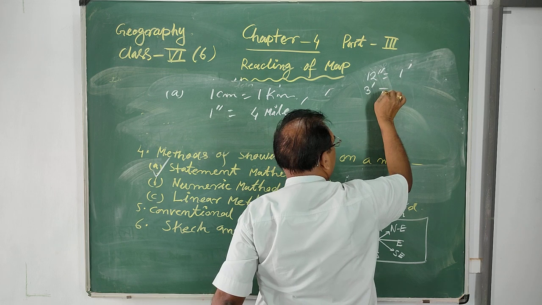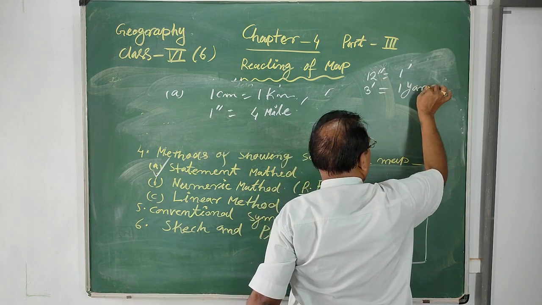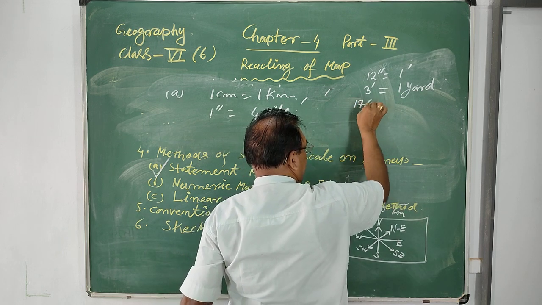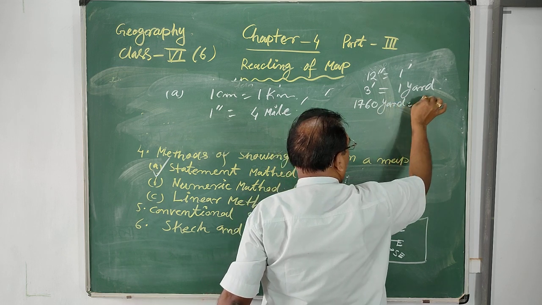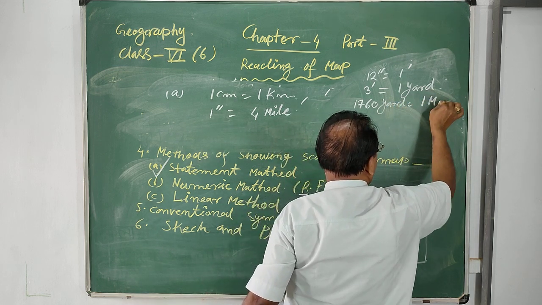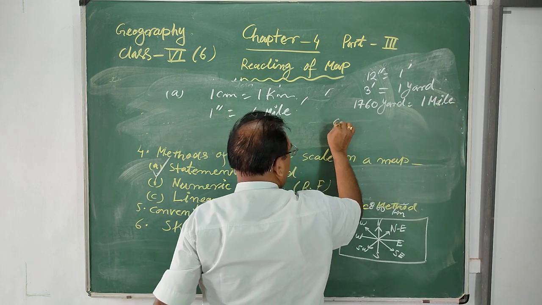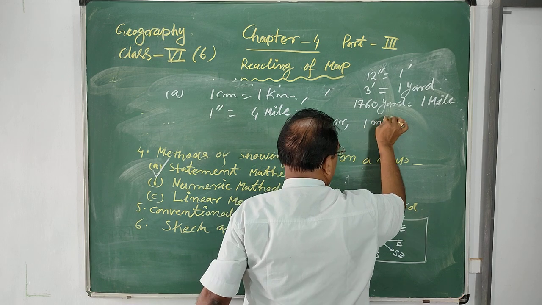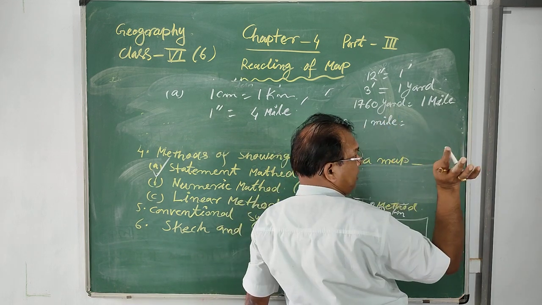3 feet is equal to 1 yard, and 1760 yards is equal to 1 mile. 1 mile is equal to how many inches?